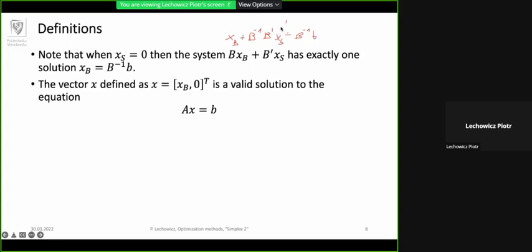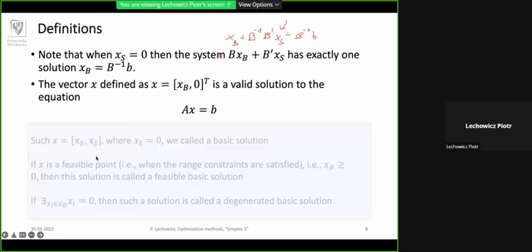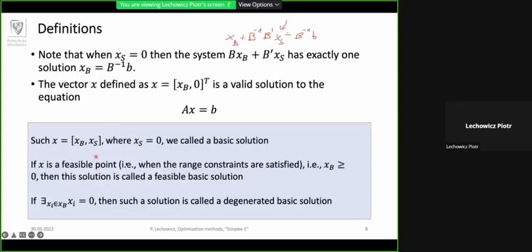If the free variables are equal to 0, then such a system of equations has exactly one solution, and this is the solution where the basic variables are equal to the right-hand side multiplied by the inversion of the basic matrix. So such a vector where we have basic variables and zeros for free variables is a valid solution. So it's a feasible solution to the system of equations. And such a solution we call a basic solution because it's composed from basic variables.